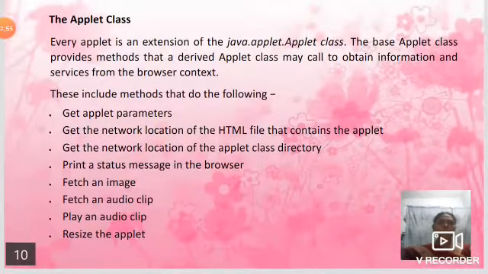Next, the applet class has methods that are used to get values from the users. These methods are used as parameters. So getParameter is the method used to get the parameters, and we can get the location of the HTML and the location of the applet's class directory, and we can print a status message, fetch an image, fetch audio clips, play the audio clips, and resize the applet.